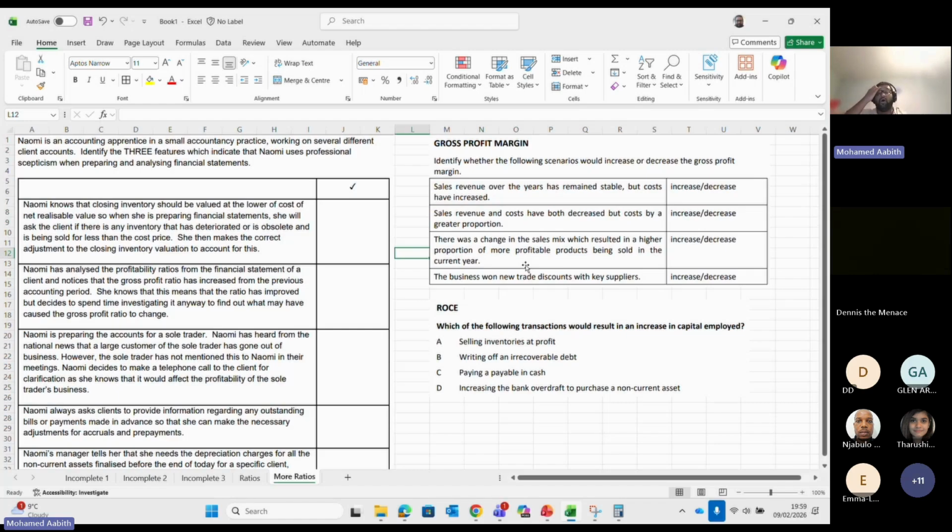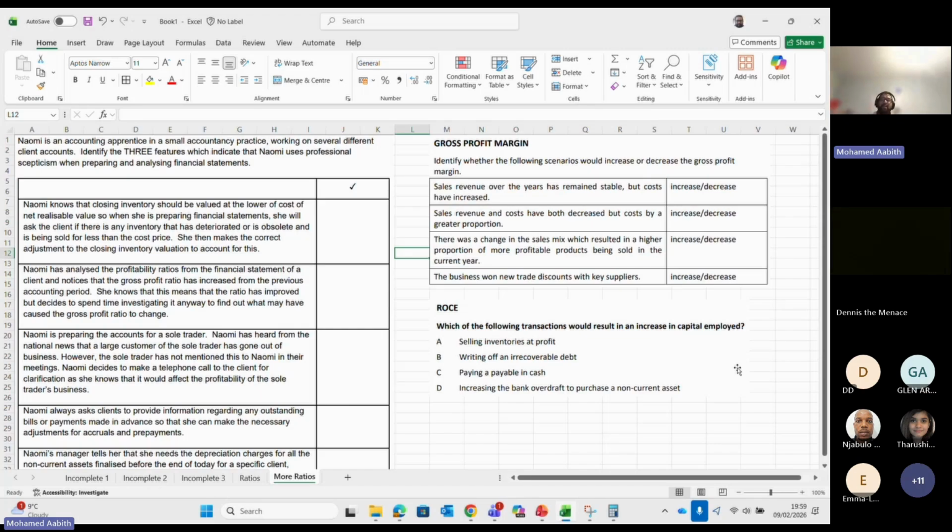Now, ROCE question here. They're saying, which one of the following transactions would result in an increase in capital employed? Selling inventories at a profit, writing off irrecoverable debt, paying payables in cash, increasing bank overdraft to purchase a non-current asset. So which one will result in an increase in capital employed?